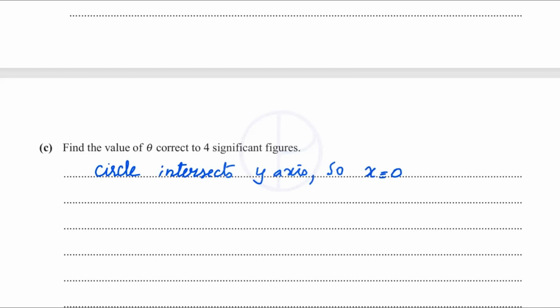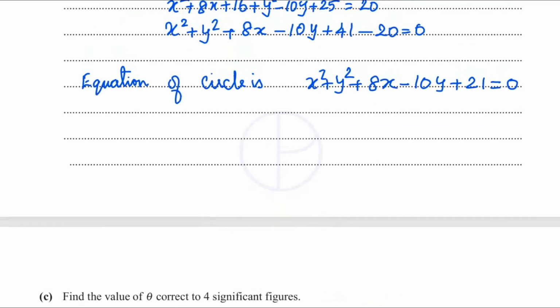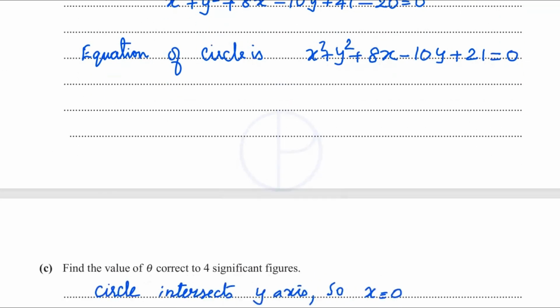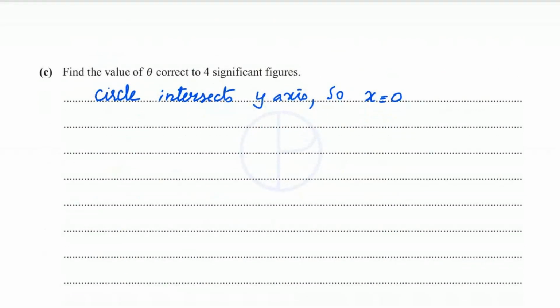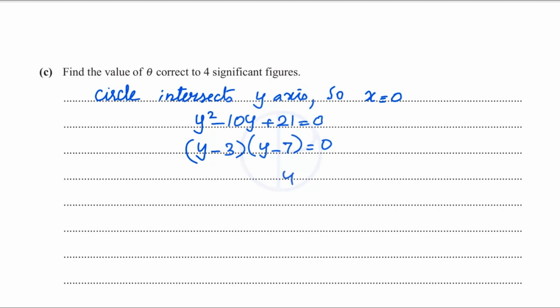So we get y squared minus 10y plus 21 equal to 0. Let's factorize this one. (y minus 3) multiplied by (y minus 7) equal to 0. So y is equal to 3, 7.